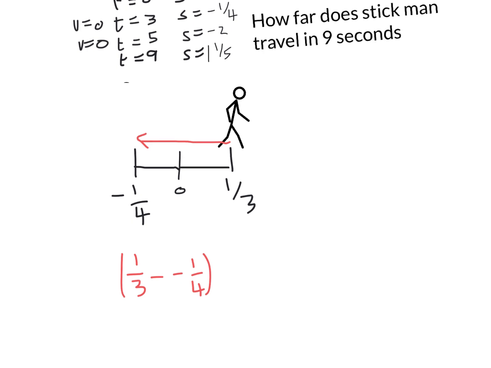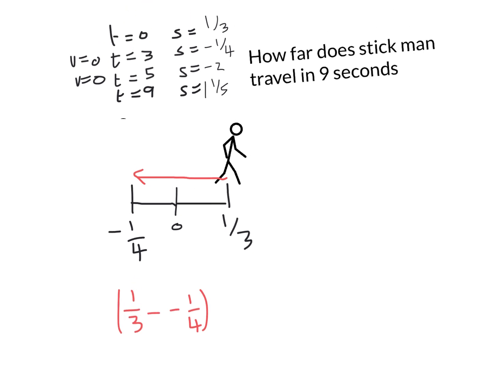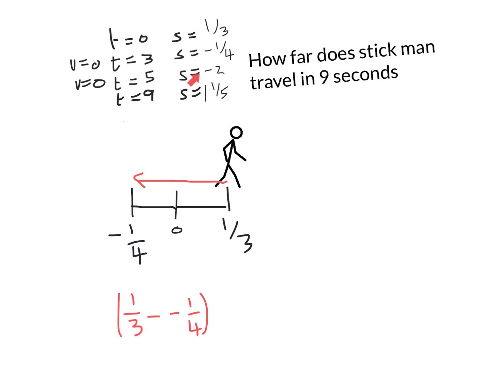Okay. And the next part of the journey, then what happens next? We've got when T is 5, he's at -2. So -2 is going to be out here. So he actually stopped, but then kept going. He didn't change his direction, but he did stop.